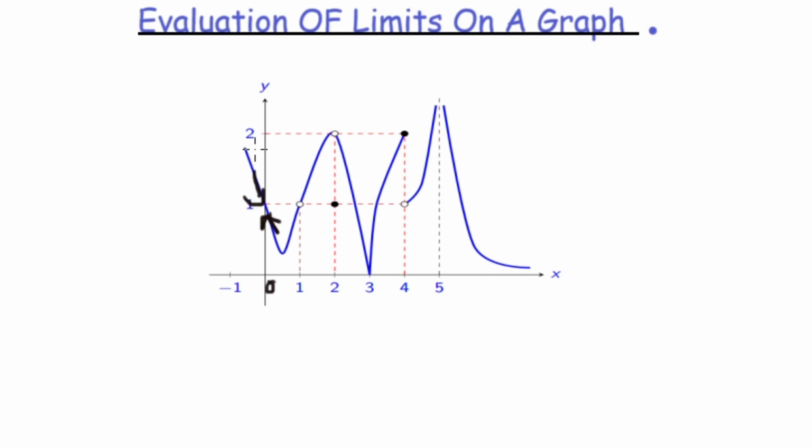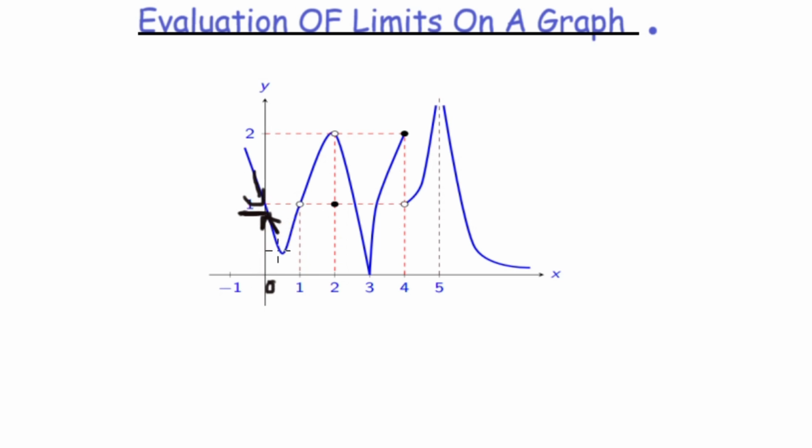Now, as we approach the function from the left, right, we notice that the function approaches 1, right, 1. That's the point at which the function crosses the y-axis, right, mapping from 0. You get it?